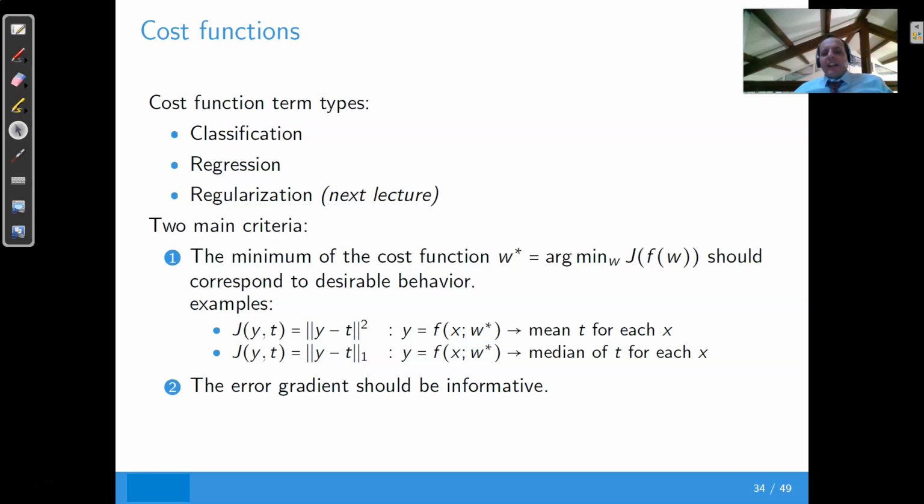Well, considering the cost function, there are different formulations, and they depend on the task you want to solve or to implement. Normally, there are three kinds of tasks that a neural network can perform. The first one is the classification task, when you want, for example, to recognize objects.